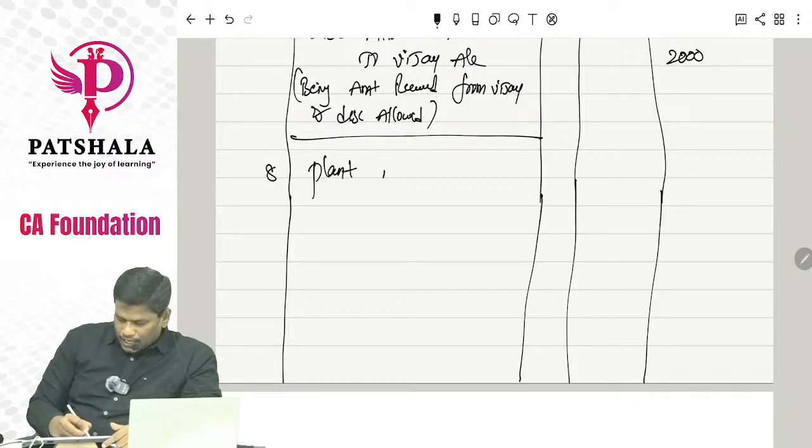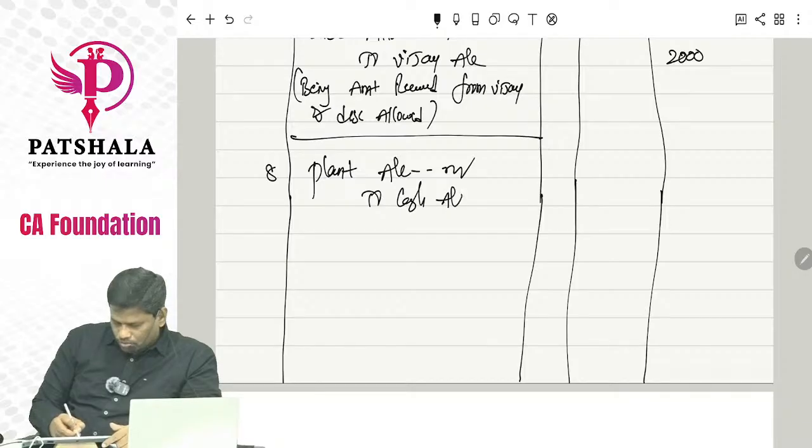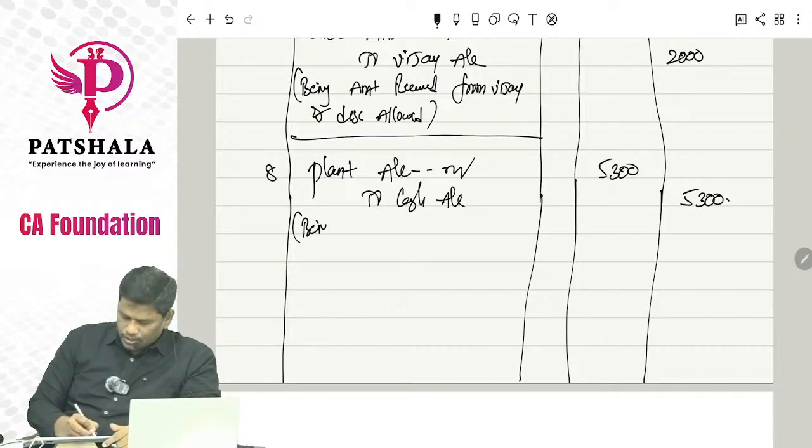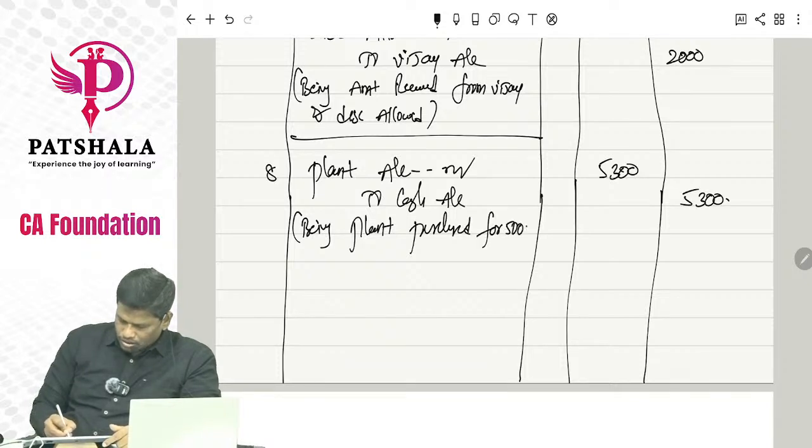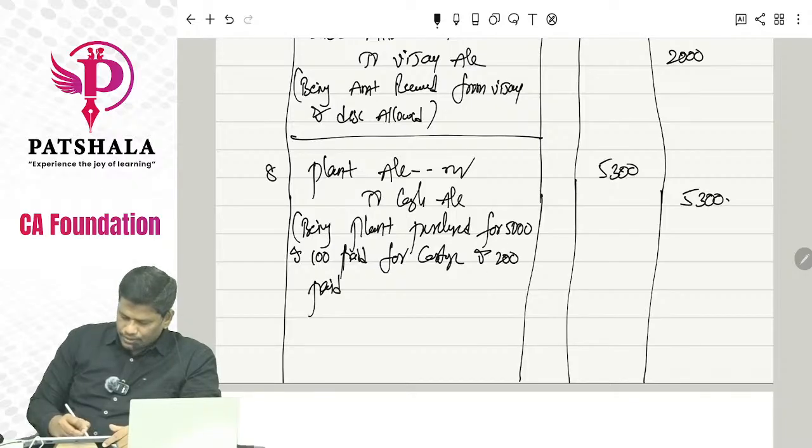Plant account debit, to cash account. How much? 5,300. Being plant purchased for 5,000 and 100 paid for cartage and 200 paid for installation.